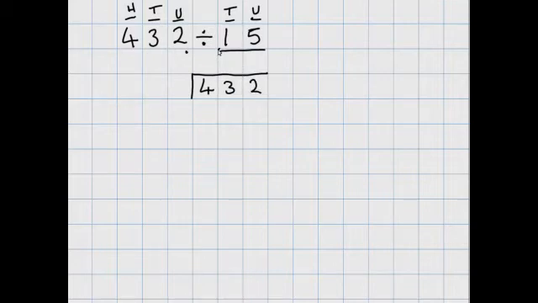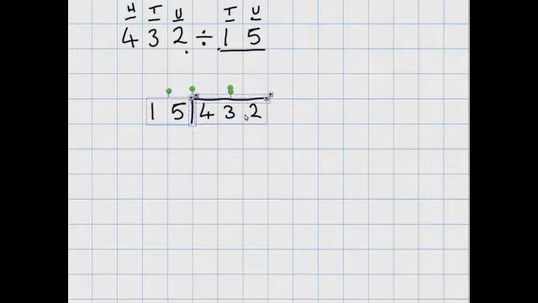And we place the divisor, which is the number we're dividing by, just out here, just to remind us that we are dividing by 15. I'm just going to move this down so it's a fair distance from the calculation. So let's take a look at how we do this method then.